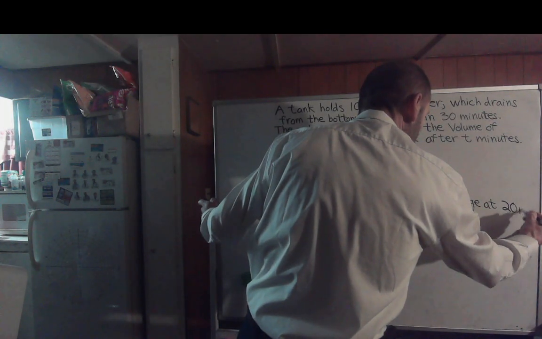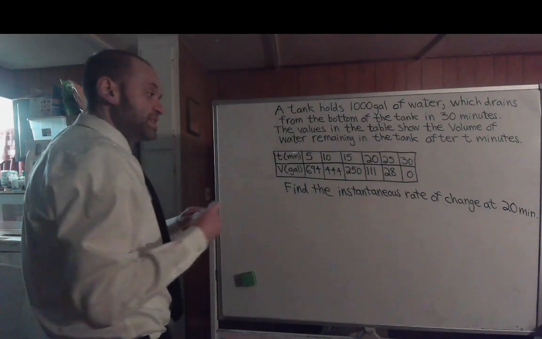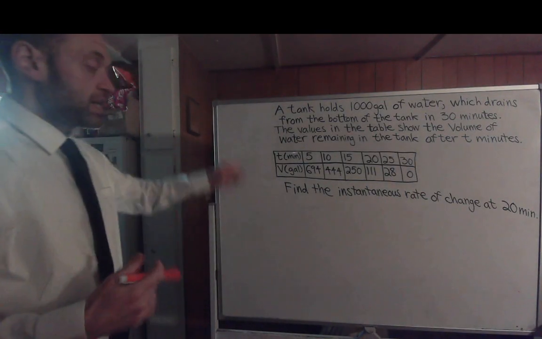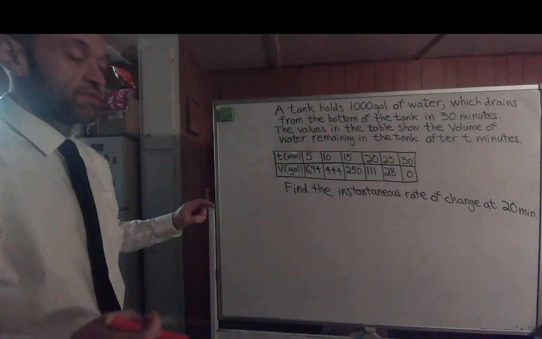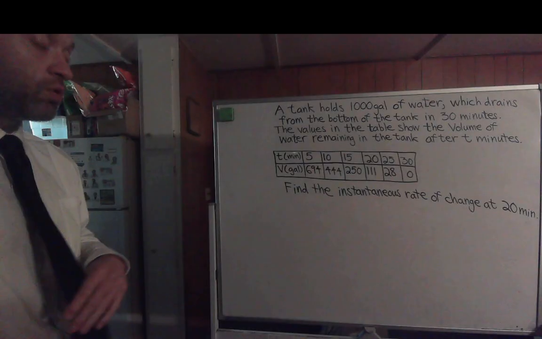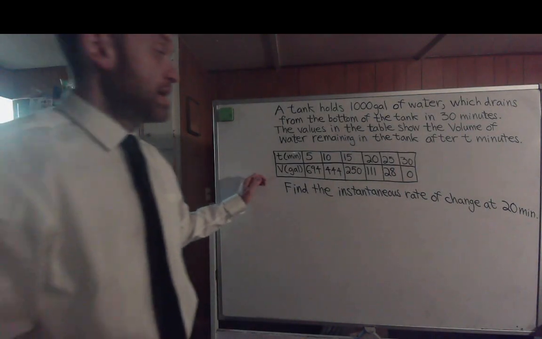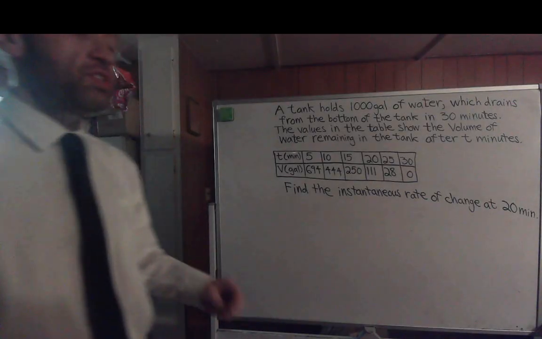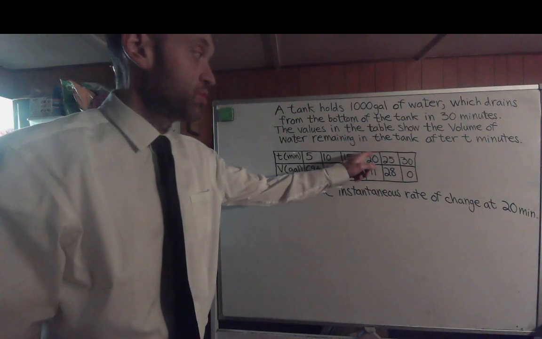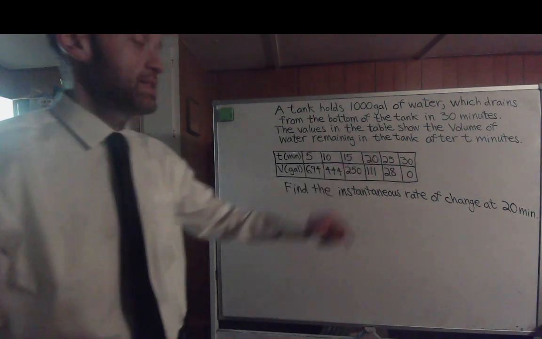That's exactly what I want to find. Well, again, what I need to do first, for now at least, until we get other formulas later on in the course, I need to find the slope of two secant lines, or two average rates of change for equal distance around 20 that include 20 in that.